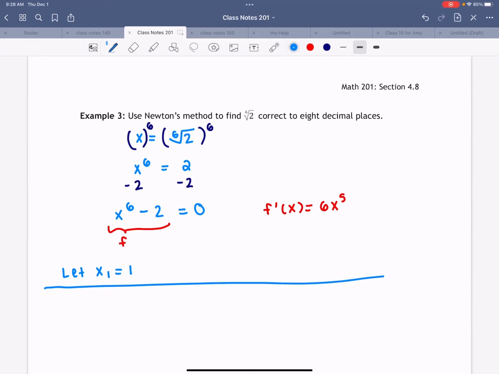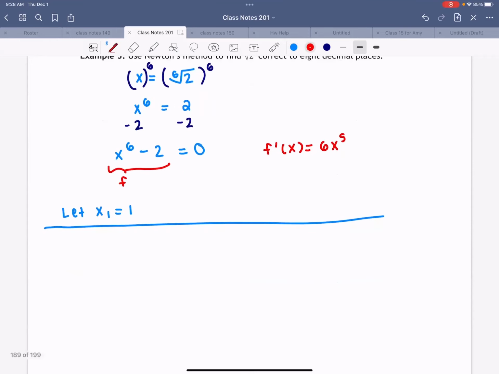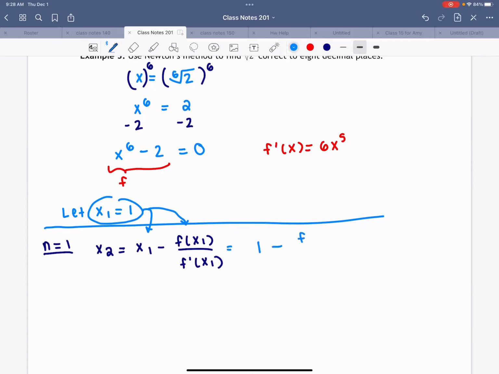So when we do Newton's method, we have to set up our steps here. Let's start with n equaling 1. If n equals 1, I know that x2 is equal to x1 minus f of x1 over f prime of x1, right? That's just plugging n equals 1 into my equation. I know that x1 is 1, so I'm just going to plug x1 into my equation. So this becomes 1 minus f of 1 over f prime of 1.